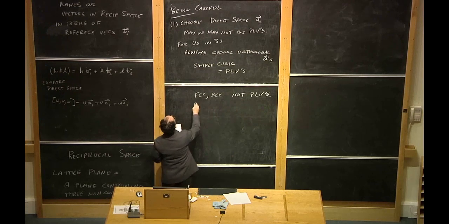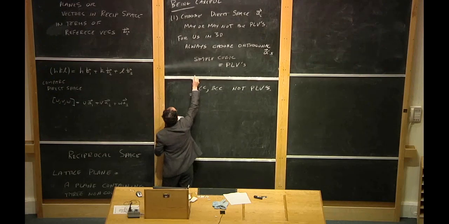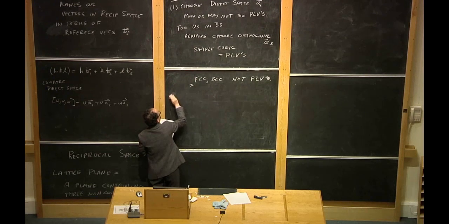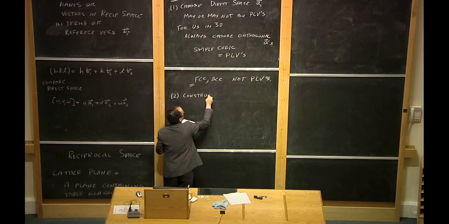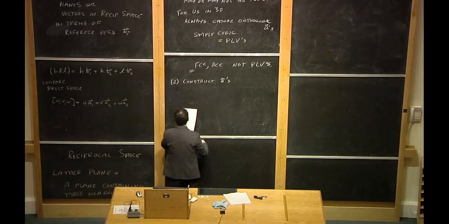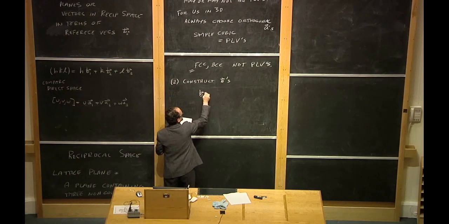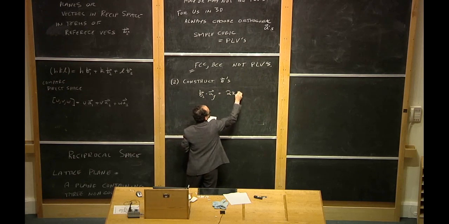So given that we've defined these a's, we then construct b's. Call that step 2: construct b's by b_i · a_j equals 2π δ_ij.